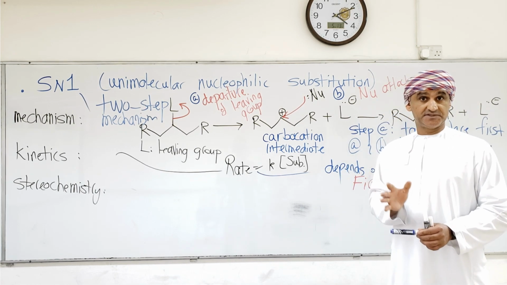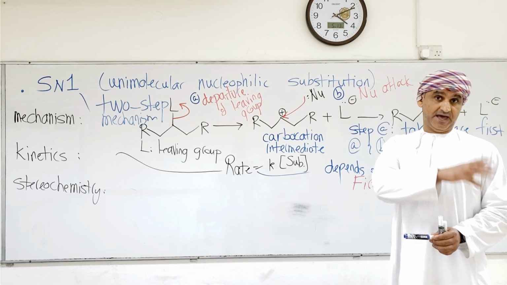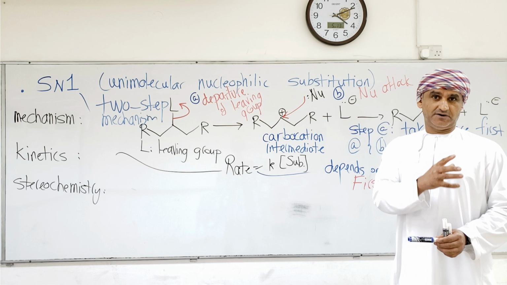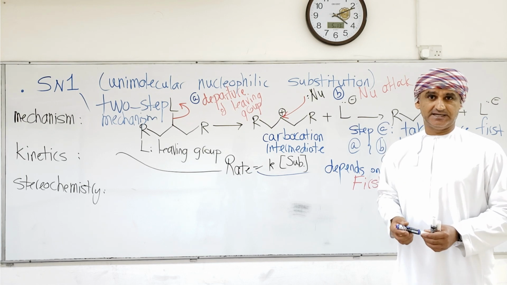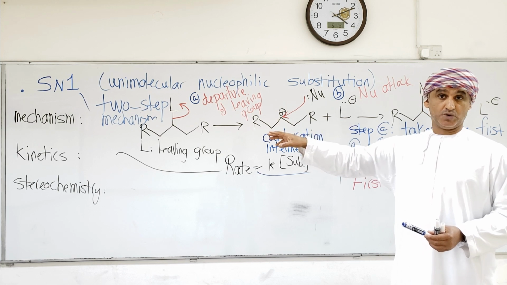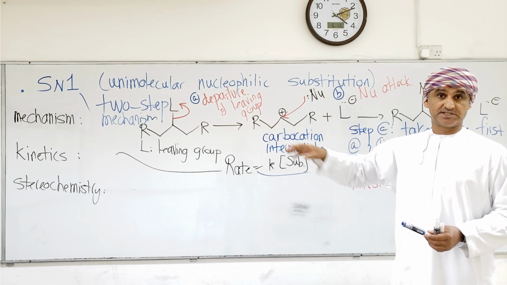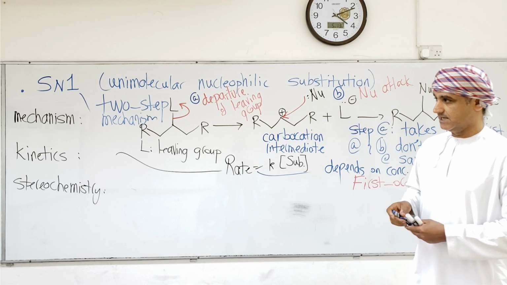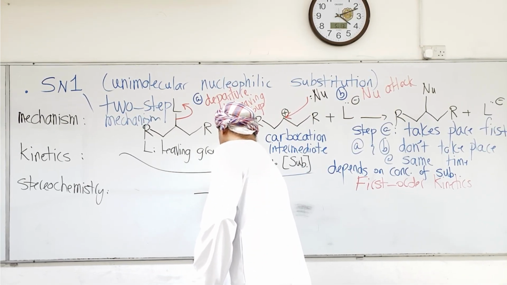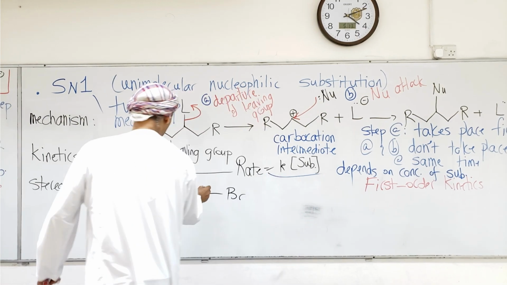So the leaving group leaves first in the first step, and then the nucleophile attacks, and the result of the first step is a carbocation intermediate. If we draw the same chiral substrate that we drew when we talked about stereochemistry in SN2, let's draw it here. Okay, so if we draw it, then we will get this substrate here again.